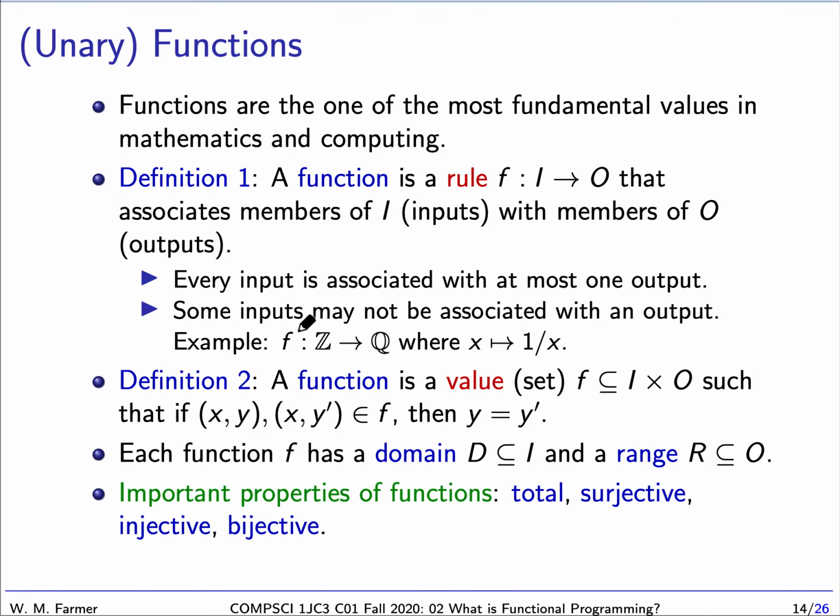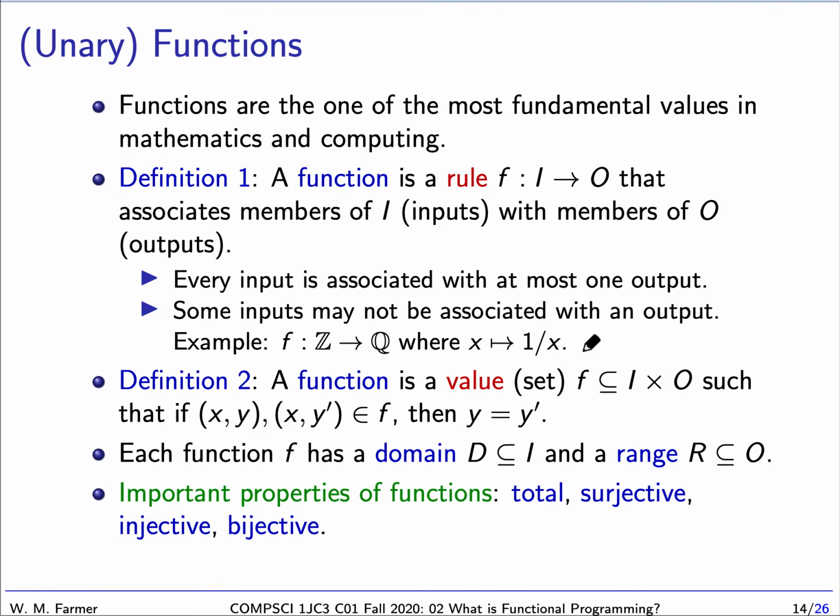And so here's an example. This is a function f. It takes something from what's called blackboard Z and gives something from blackboard Q. Z, traditionally in mathematics, represents the set of integers, and Q here traditionally represents the set of the rational numbers or quotients. So this function takes an integer and produces a rational.